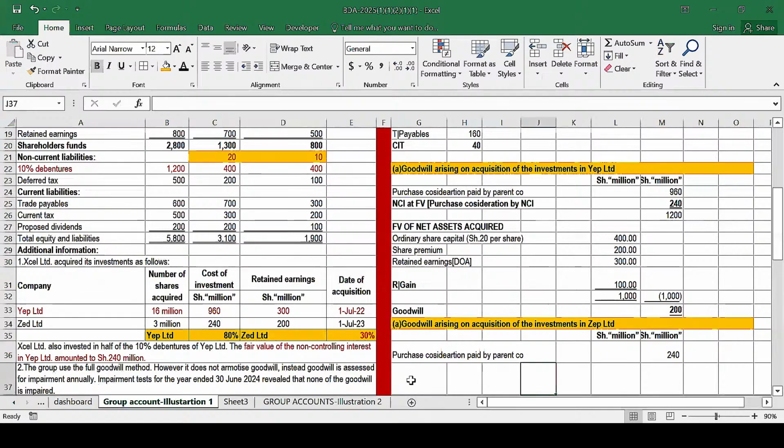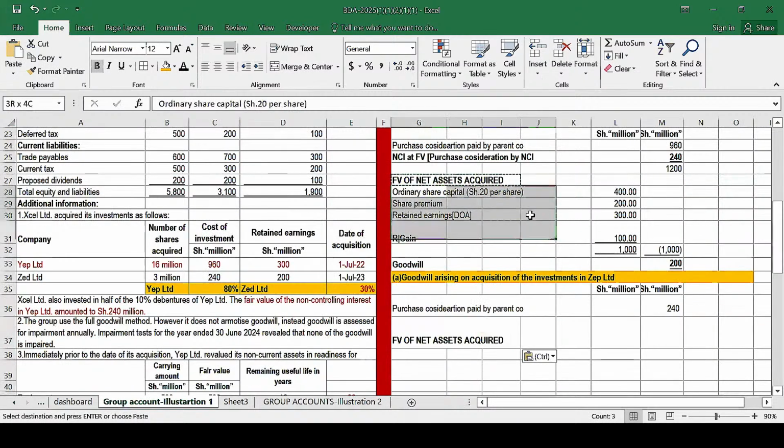Here we don't add NCI, as we have said we don't have NCI. Then we deduct the fair value of the net assets which were acquired. Equally, we will pick these items here, copy them, and paste them there.